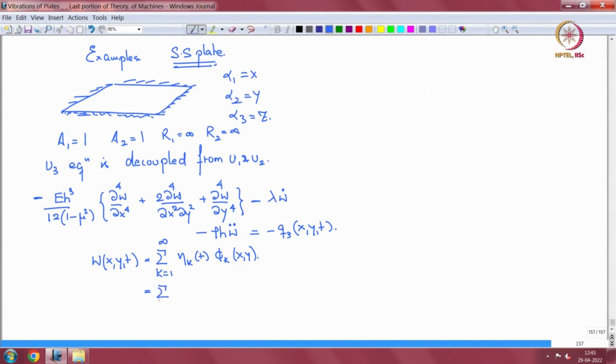So in actuality it will be m going from 1 to infinity, n going from 1 to infinity. This will acquire the double index, this will also acquire the double index, and this is sine m pi x by a sine n pi y by b.